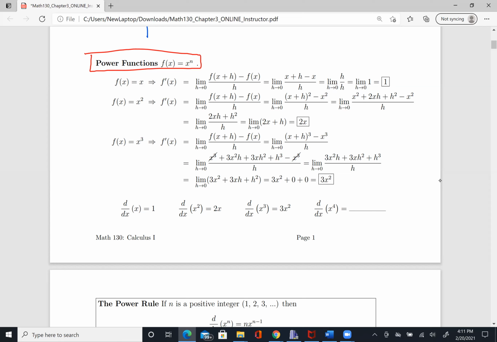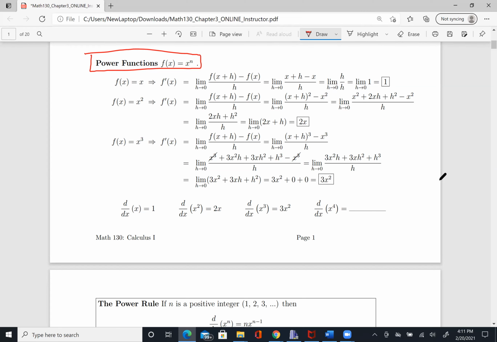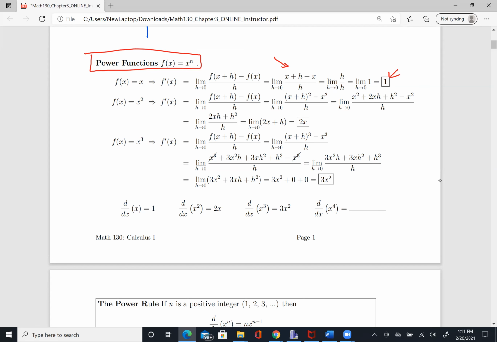If you try to derive it using the limit definition, for example, if f of x equals x, the limit of x plus h minus x over h, I can cancel and get only 1.